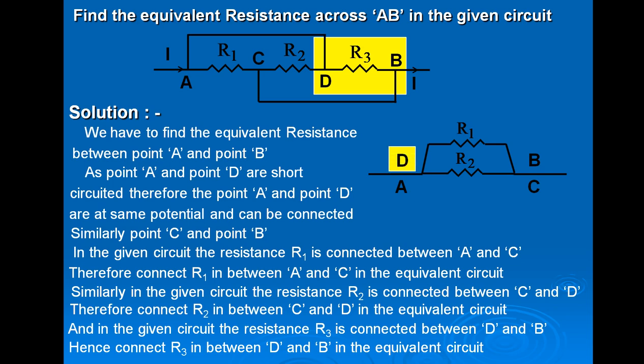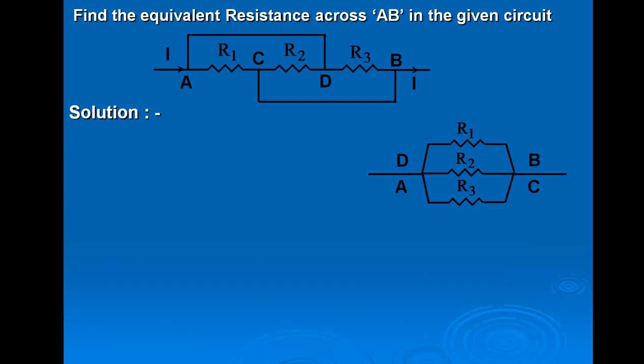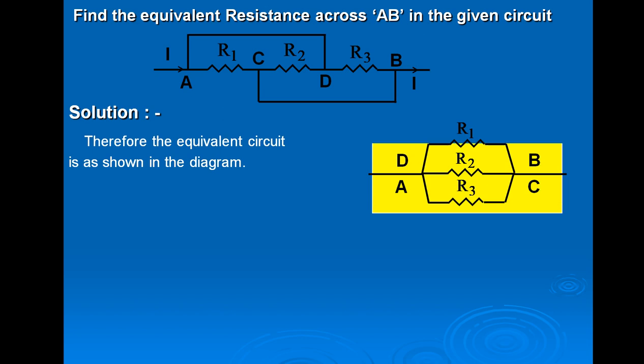This is point D, this is point B, and connect R3 between point D and B. Therefore, the equivalent circuit is as shown in the diagram.